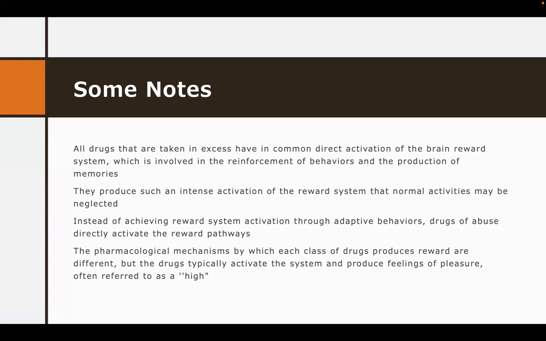They just don't produce the same levels of neurotransmitters of dopamine and serotonin, and they don't activate the receptors in the same way. So instead of achieving reward system activation through adaptive behaviors, which we know are socially constructed, drugs of abuse directly activate the reward pathways. These are also risky in terms of involvement within the legal system.